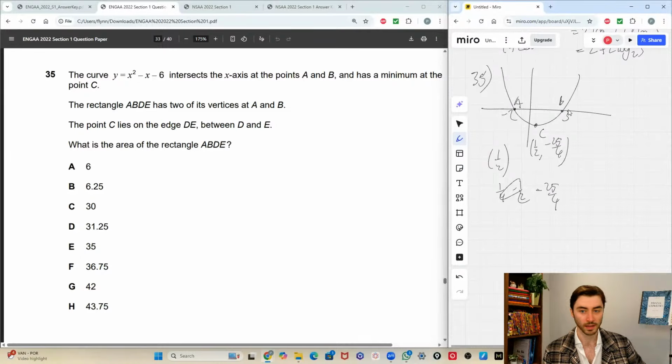Yes, I know that. C lies on the edge of DE, so that is your triangle. What is the area of ABCD? So that's 5 there, and that's 20. So it's 5 times 25 over 4, so it's 125 over 4. Don't make me work that out. 31.25, which is D. Rude.